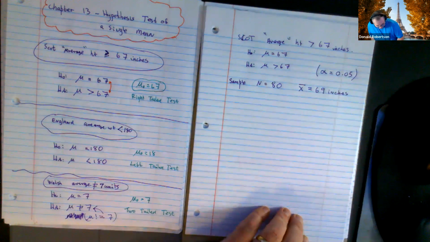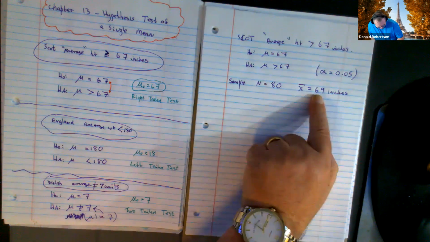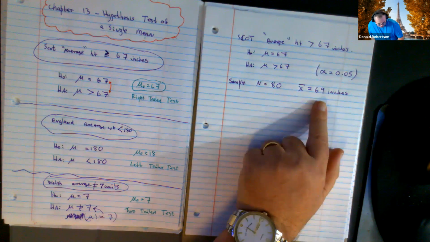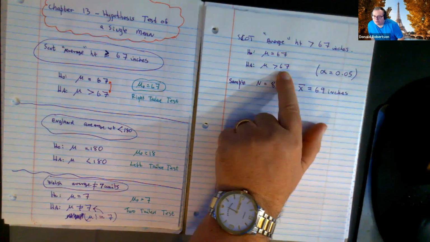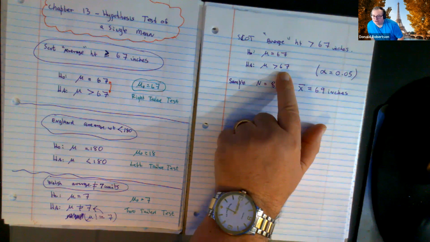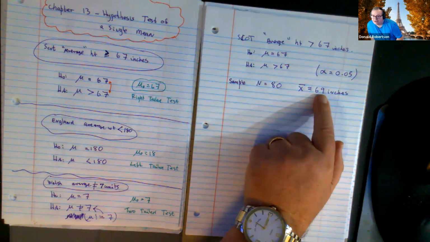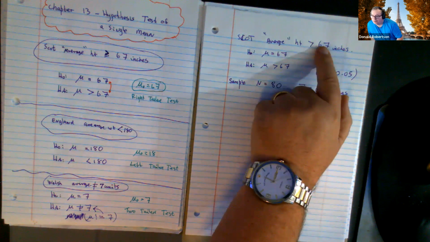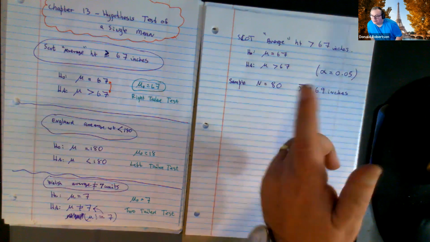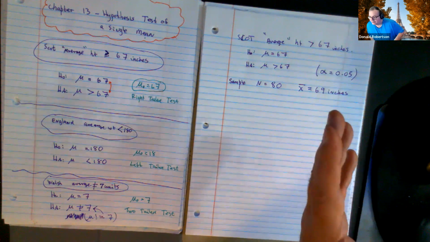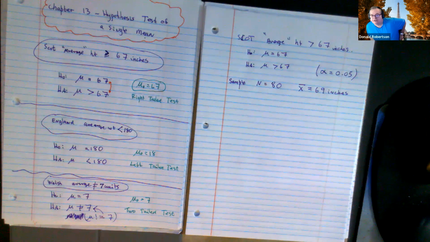And we're going to use this sample to try and determine whether we have enough evidence to show that the average is bigger than 67. Would you agree that 69 inches, at least superficially, seems to be working, right? It's bigger than 67, right? 69 is bigger than 67, so that's some kind of evidence. But is it statistically significant? That's a little bit different.